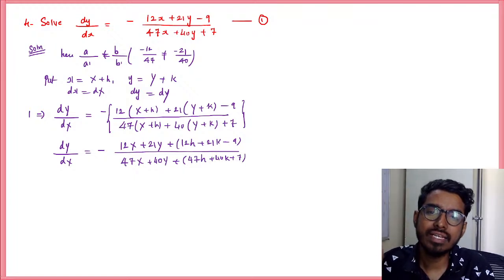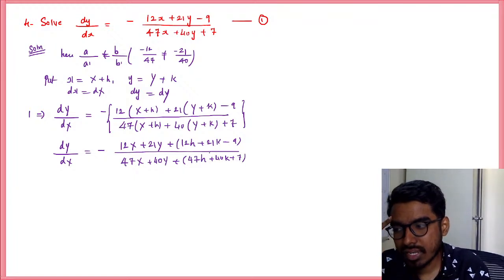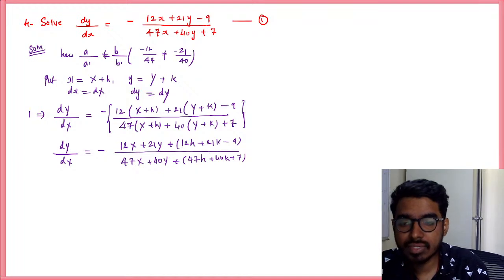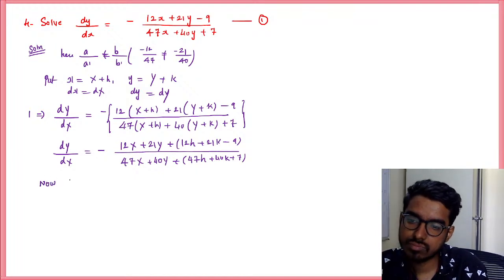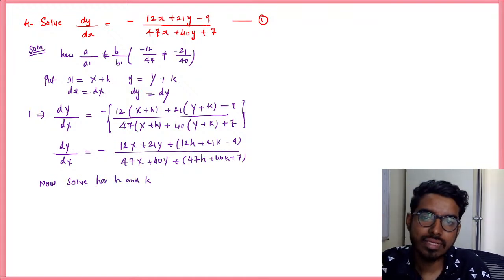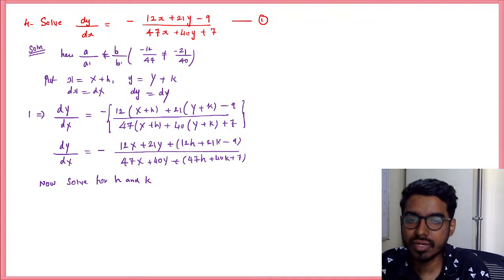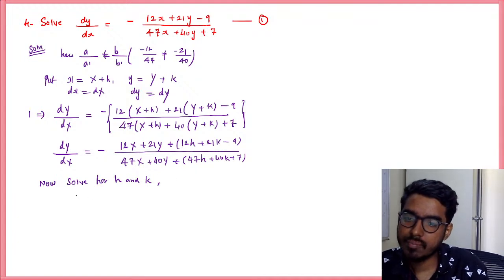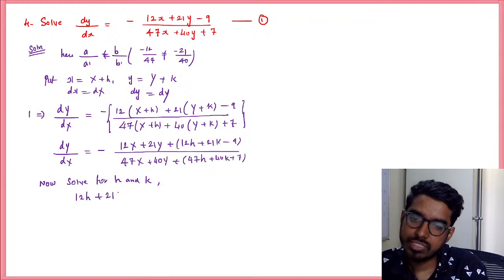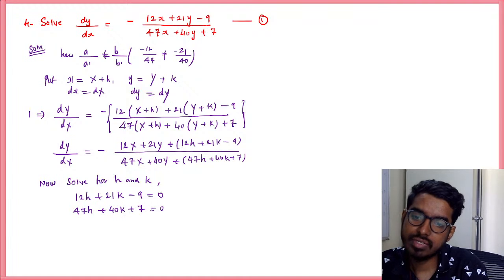Now solve for h and k using the cross multiplication or elimination method. You can also use the matrix inversion method, anything you can do. Very elementary. Solve for h and k such that 12h plus 21k minus 9 is 0, and 47h plus 40k plus 7 is 0.